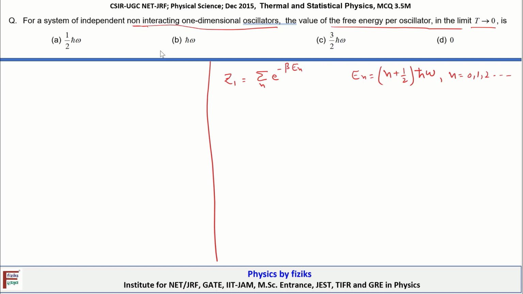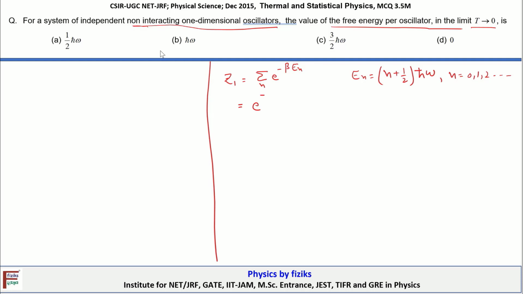Okay, so here the summation is over n. When we assign the values for n starting from 0, 1, 2 and so on, the partition function that we obtain is given by an exponential. When n is equal to 0, we will have energy equal to h cut omega by 2.